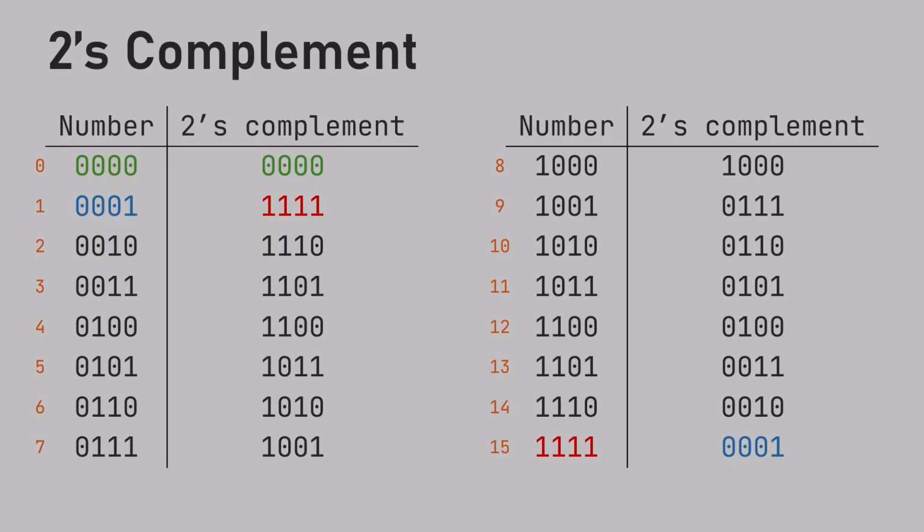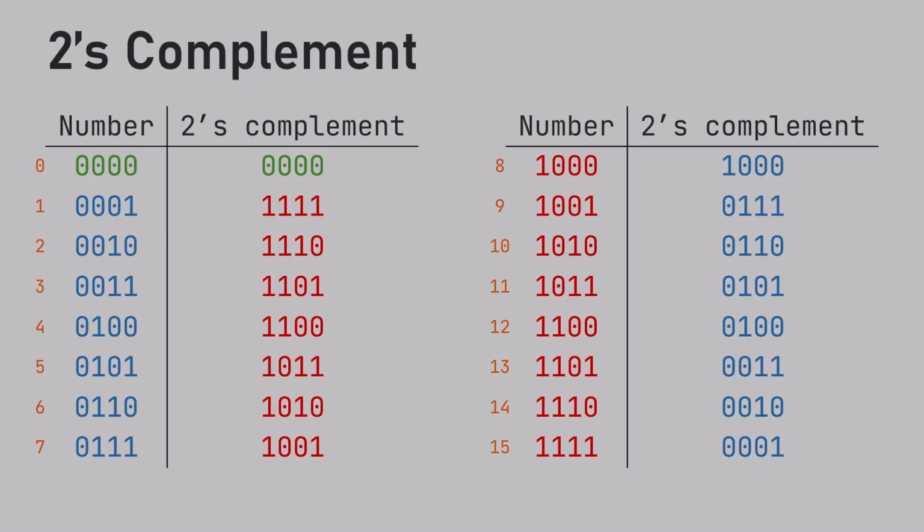This means that taking the 2's complement of a number twice gives us the number back, which is a great property because negating a number twice also gives us the number back. This property applies to all numbers, of course, not just 1.